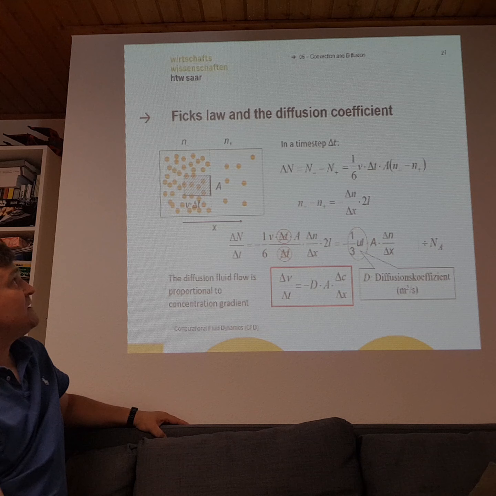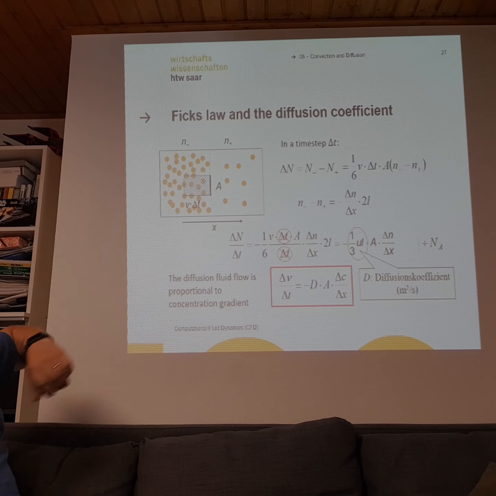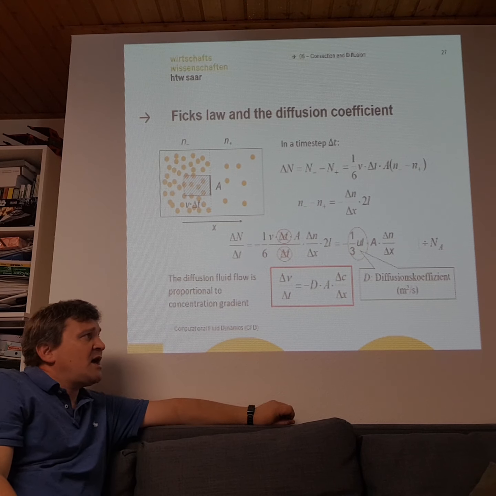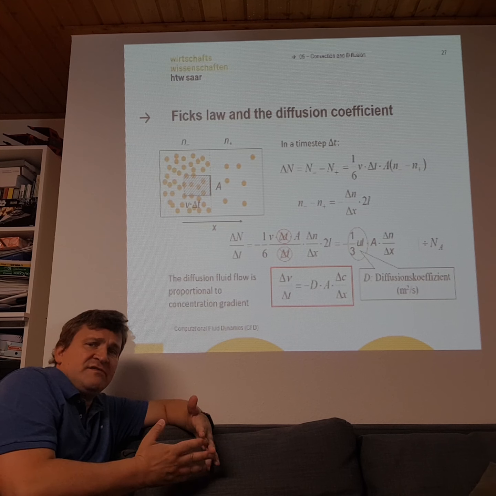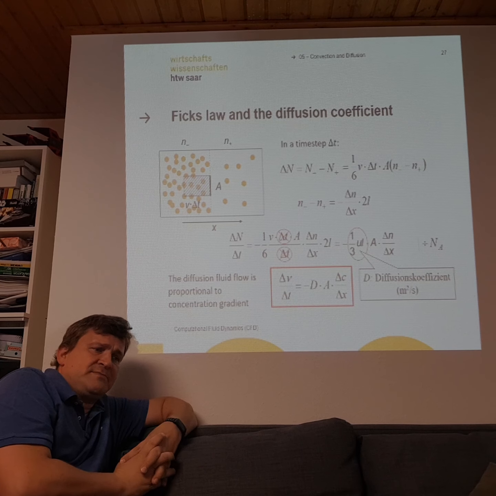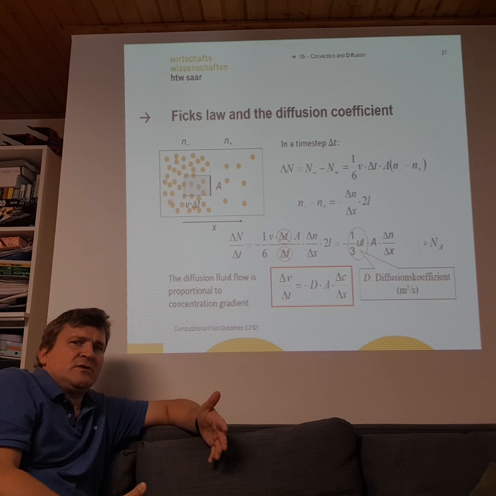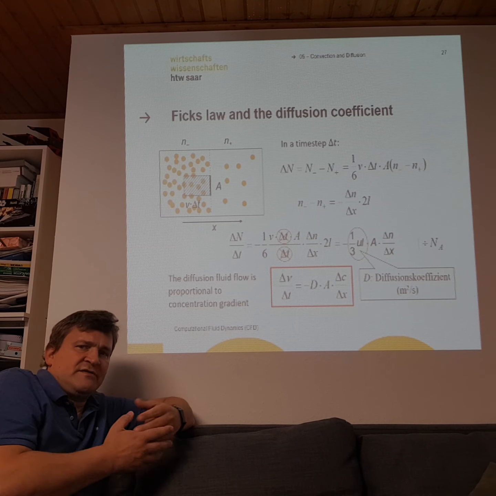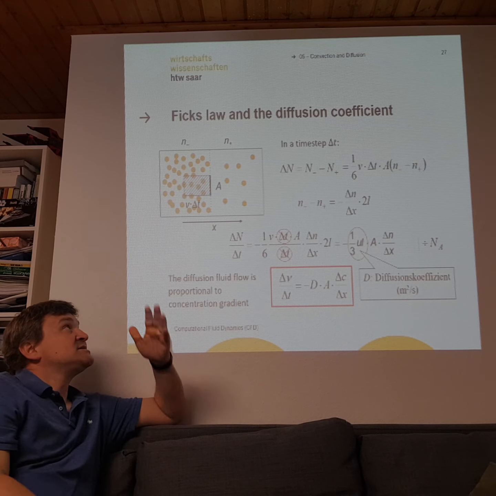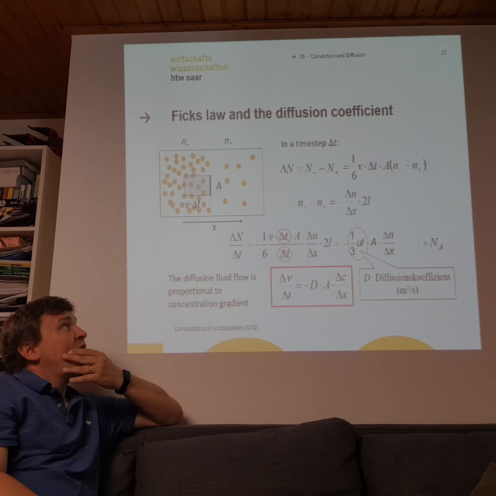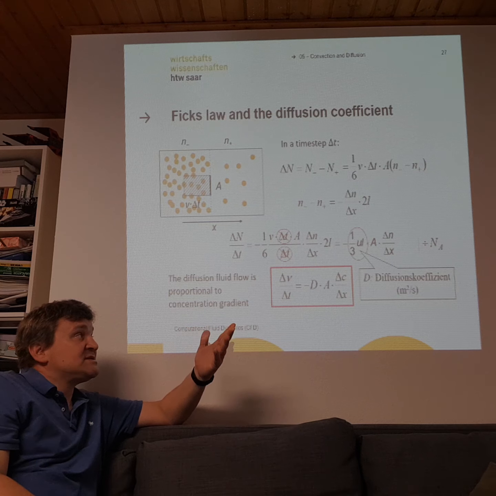Okay, and here's a more classical description. We always use CFX. We describe the movement with a Navier-Stokes equation, but an older form is the so-called Fick's law, but it describes the same effect.